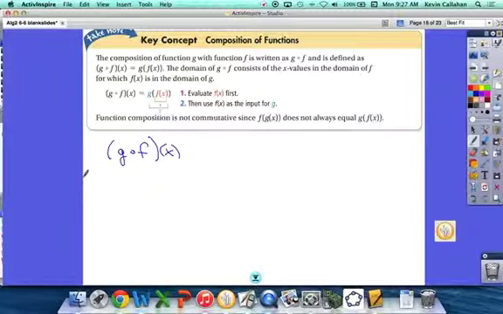And you got to be clear, don't confuse that little open circle with a multiply, because we know that's how they show a multiply, with a dot. That's not a dot, it's a little open circle. And the way you would read this, whether you write it like this or like this, is g of f of x.